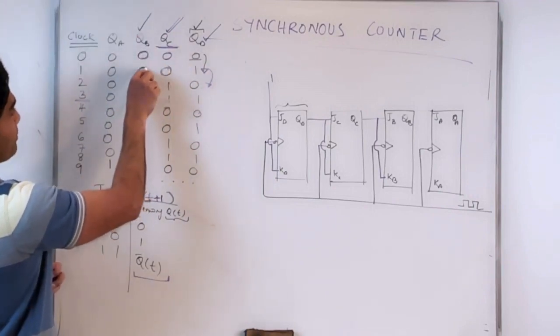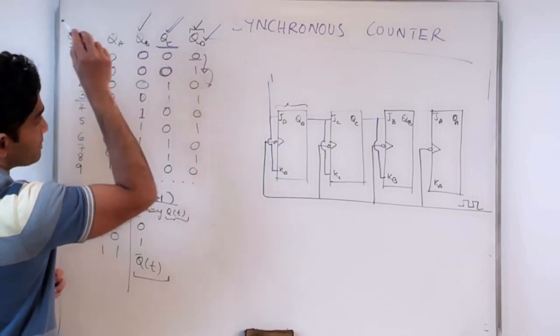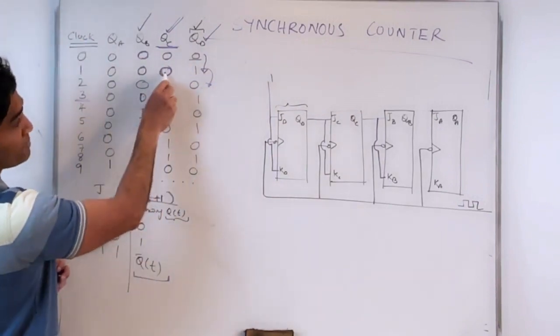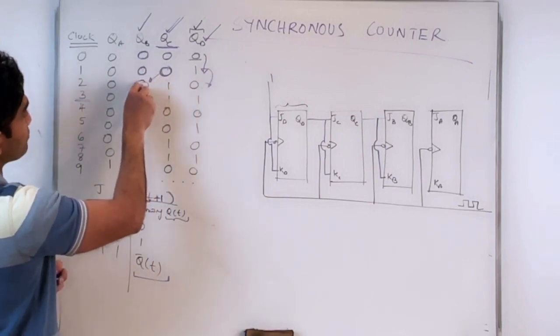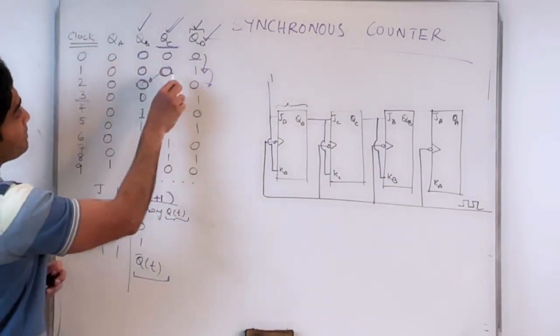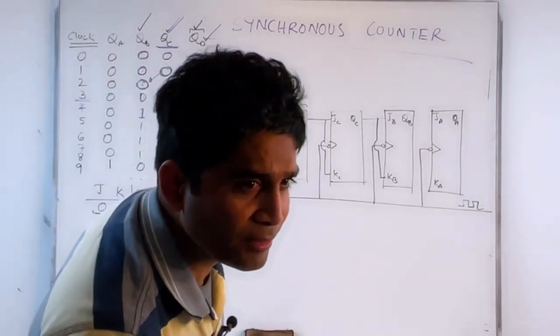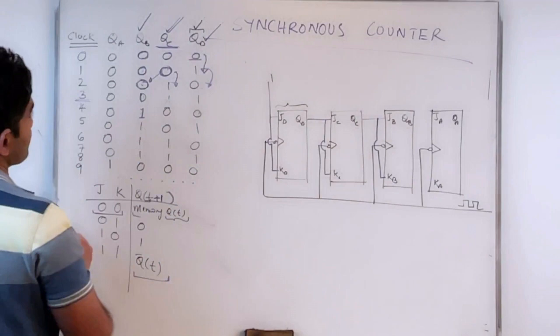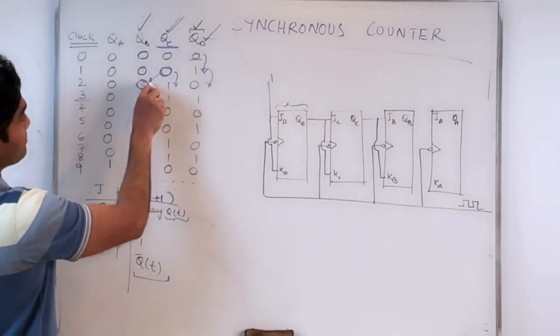So the next clock pulse, it retains the same value. So that's good. Next clock pulse, it is still in the memory state. QC is still in the memory state. That's good. So in the next clock transition, it retains the same value as before. In the next clock transition, when QC is 1, that means this has to toggle.